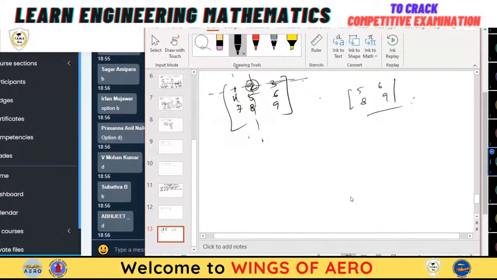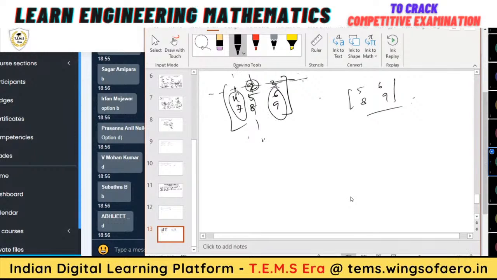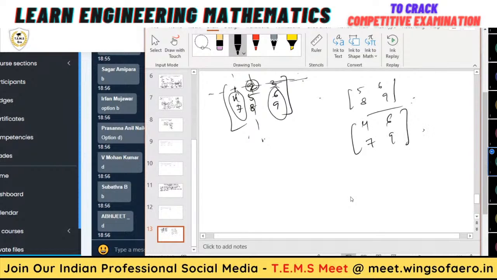So the first row and the second column will be deleted, and the rest of the elements, this one and this one, we take as 4, 7, 6, 9. This will be the cofactor of 2.